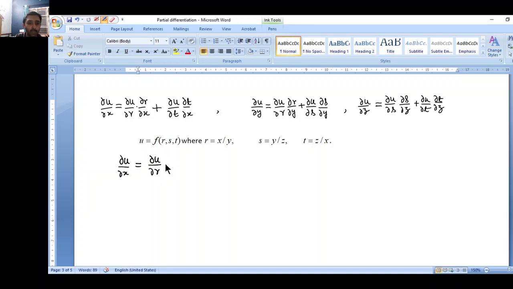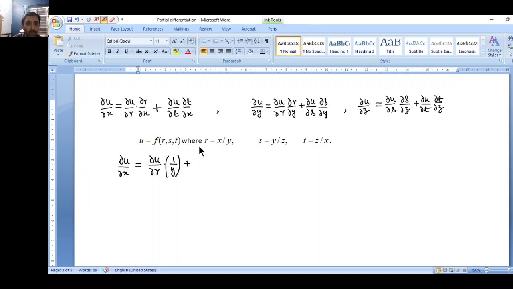Okay, and then this multiplied with ∂r/∂x. As you can see here, r equals x by y. This is a specific function, so we should be able to find ∂r/∂x. Obviously ∂r/∂x will be 1/y, because when we are differentiating r with respect to x, we keep 1/y constant, and the derivative of x with respect to x is 1. Okay.